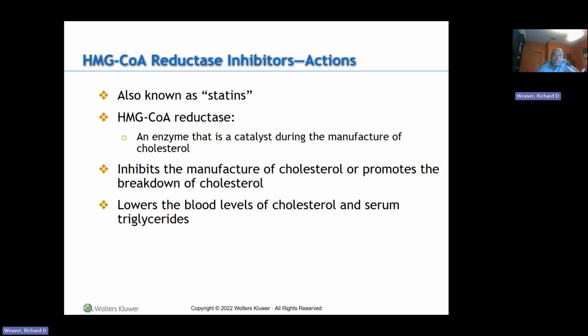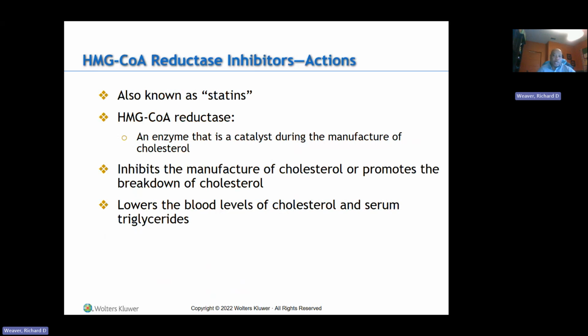So in your mind, you're already thinking to yourself, well, if this enzyme helps to create or manufacture cholesterol, then we need an inhibitor. So essentially, we're talking about this HMG CoA reductase inhibitor. In other words, we need to block this enzyme, and so that's what we'll be talking a bit more about.